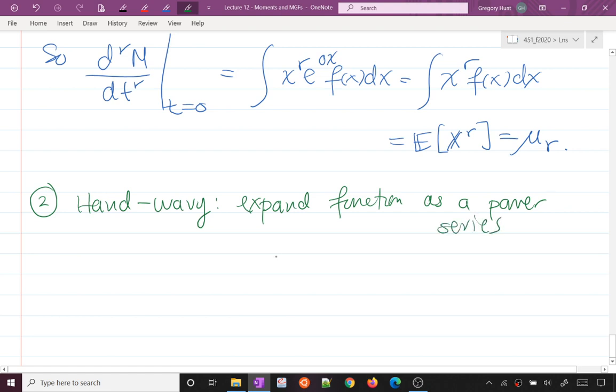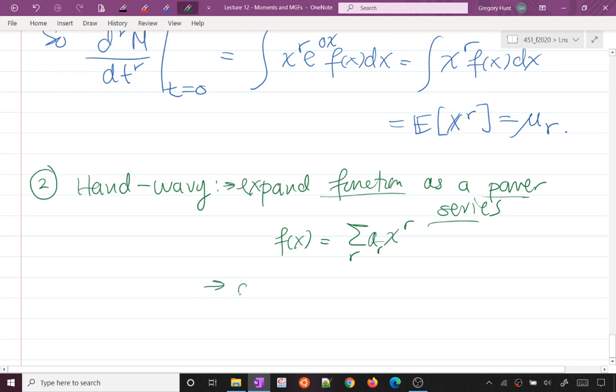Normally you can write f(x) as an infinite series with some constants out front, but it's basically an infinite degree polynomial. Any analytic function, or any nice enough function, as long as it's infinitely differentiable, you can always expand out as a power series or a kind of infinite degree polynomial.